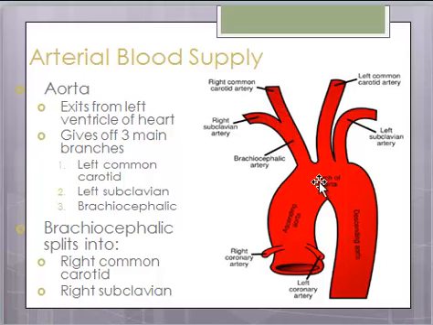So if you notice, the left and right carotids are a little different. The left common carotid artery comes right off the aorta. The right common carotid starts as the brachiocephalic and then branches into the right common carotid. So that's just a tiny difference there.